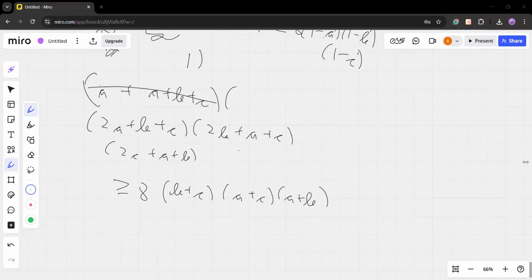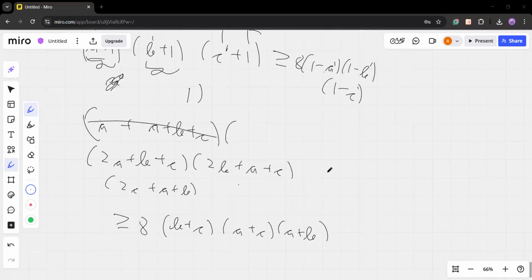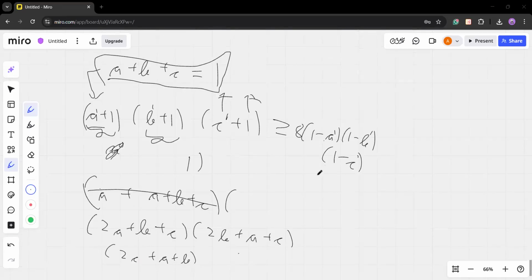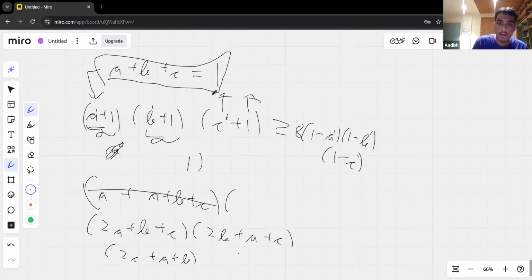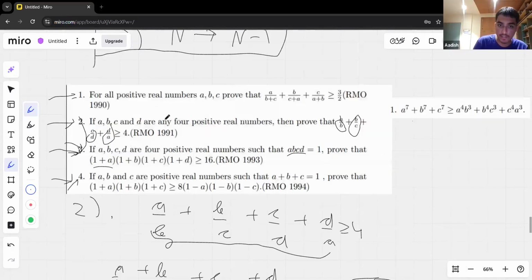Bhaiya, can you repeat what you did after the degree? We know, like the question tells us that A plus B plus C is 1, right?